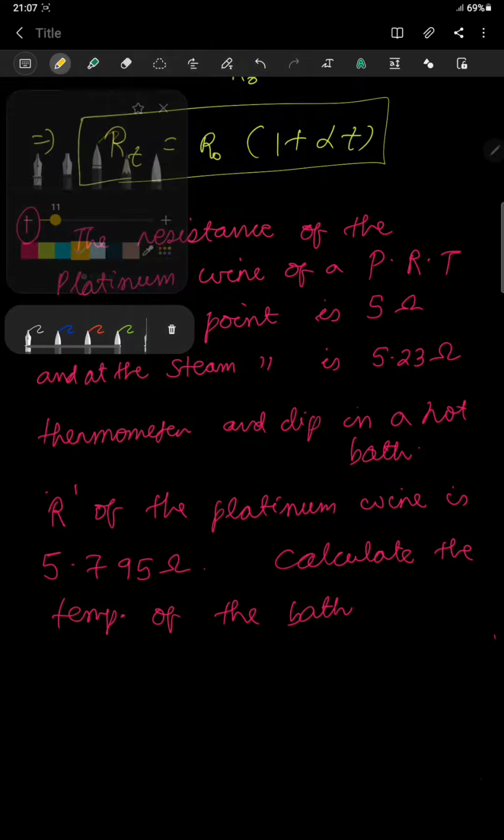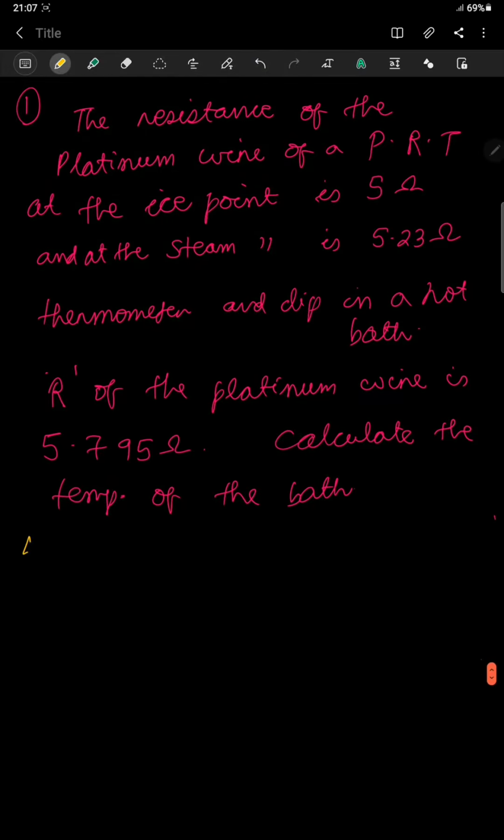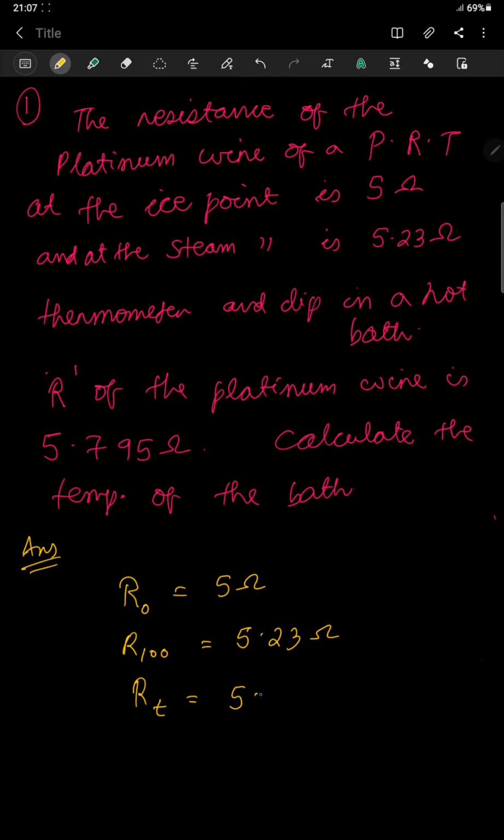Okay. So how to solve it? Let's see. What things are given? At ice point, what is the resistance? 5 ohm. At steam point, what is the resistance? Steam point is 100 and ice point is 0, already we know it from thermodynamics in class 11. So 5.23 ohm. Then at some arbitrary temperature, what is the resistance of the platinum wire? 5.795 ohm.